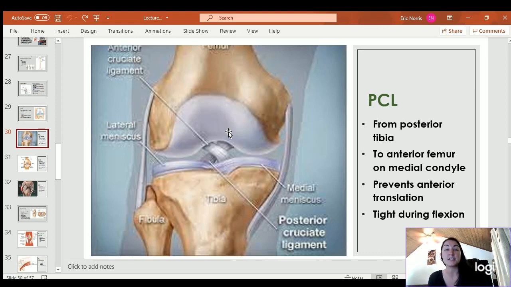So it's the only one that's tight during flexion. Your LCL, MCL, ACL are all tight during extension. PCL is tight during flexion. So it's more likely to break in a car accident, if your knee is shoved really hard into the dashboard when it's in a flexed position, or something like falling on a bent knee, than in a standing position like the others.